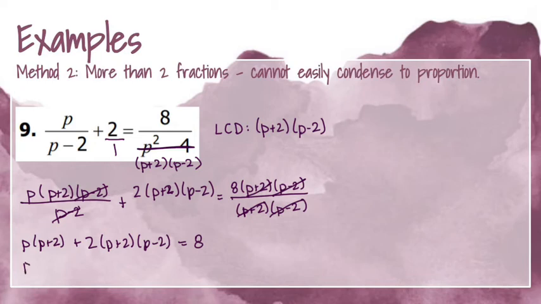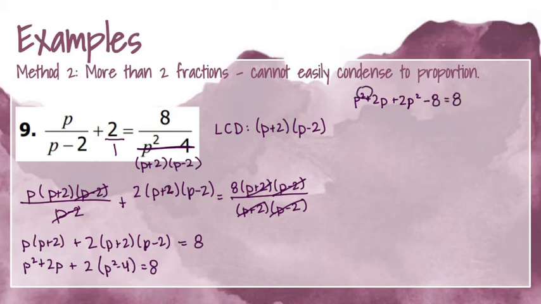So we're going to get p squared plus 2p plus, I'm going to multiply these first because I already know what that equals, 2 times (p squared minus 4) equals 8. So then let's bring it over here. We're going to get p squared plus 2p plus 2p squared minus 8 equals 8.